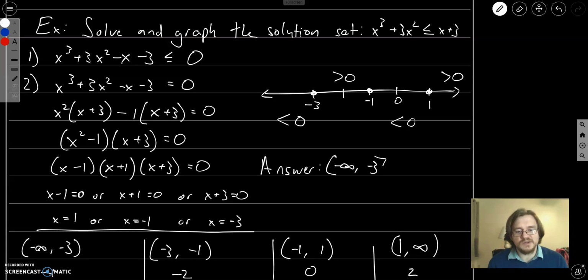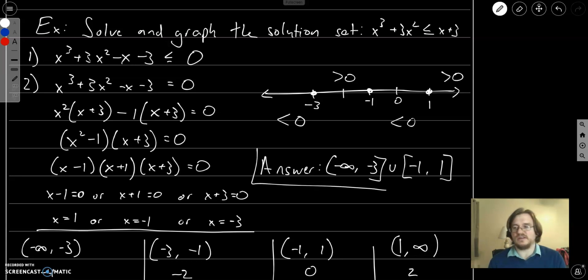But we have to include negative 3 because that's when our function was equal to 0. And then we also have the region between negative 1 and 1. But we have to include negative 1, and we have to include 1 because it could be equal to 0 as well. And those were our solutions. And to put those together, we will take the union. Again, I'll put this in red so it stands out a little bit more.